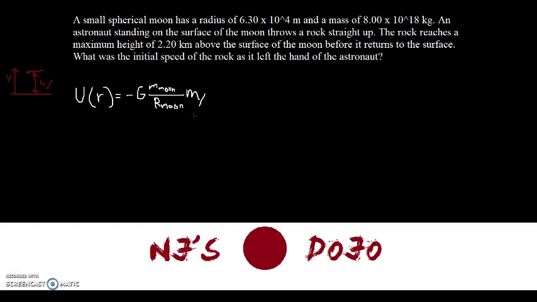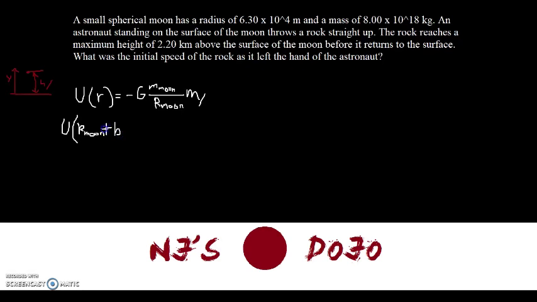Now the potential energy at the top of the trajectory is basically adding more to its radius. So the function has to change to R moon plus h.